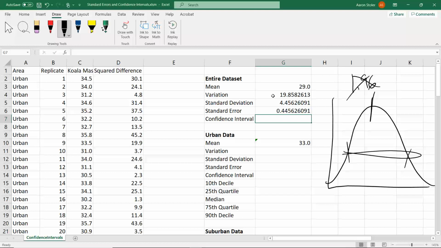Or you can abbreviate that to 2, whichever one you want to do. I'm going to use 1.96. So the confidence interval is equal to the standard error times 1.96. So we say that the data is very likely to fall within plus or minus 0.87 of 29.0. So 0.87 units plus or minus the mean.